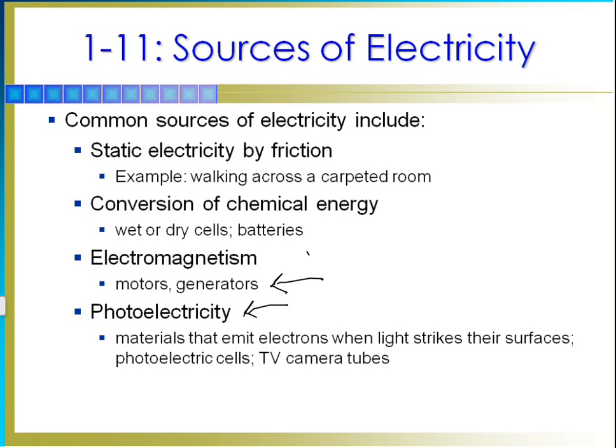Electromagnetics, motors and generators. We already talked about batteries being a chemical reaction, or friction, static electricity. As you will read in your book, a lot of experiments were done earlier, before anybody thought of electricity, and that's how we came up with the thought of charges and separating electrons and protons just by the different materials you're rubbing against each other.